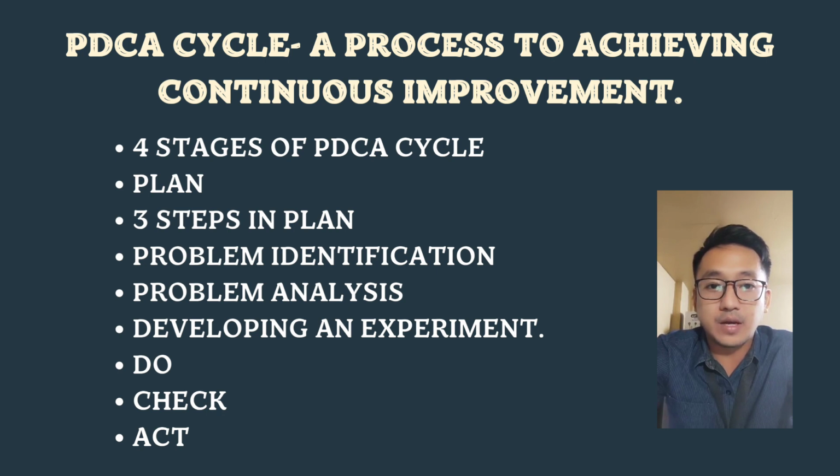And you must have a response for each of the following questions during the check phase: what aspect of the experiment worked well, what didn't go as planned, what could we change to make things better, and how may a new update be implemented. Act. During this stage, act on the information you obtained during the study.